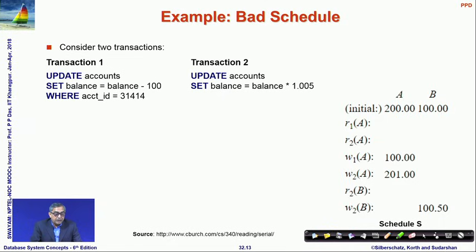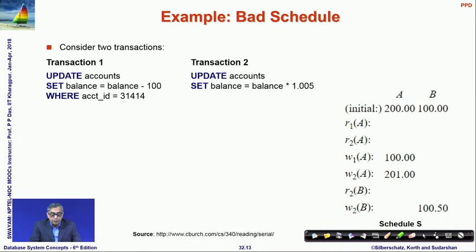So, consider 2 transactions. Transaction 1 updates an account where the account ID is 31414, a specific account, and the balance is debited by 100. So, it is debiting 100 from the balance.